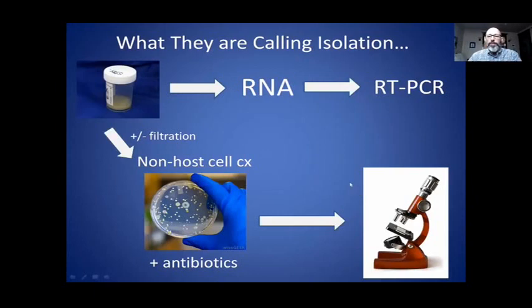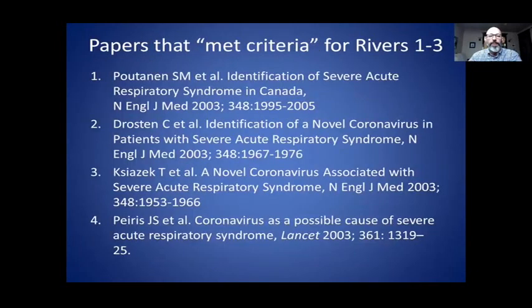But there is no way to tell if the particles that they have identified after this procedure are from this tissue culture with antibiotics or if they are from this lung fluid. And since they set up a procedure that always results in exosome induction, there are going to be particles that are exosomes in there for sure that look just like viral particles. So I think this is where the major confusion comes to play.